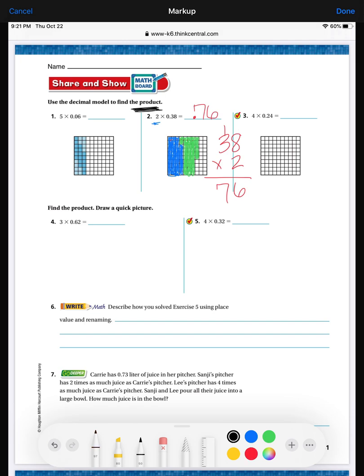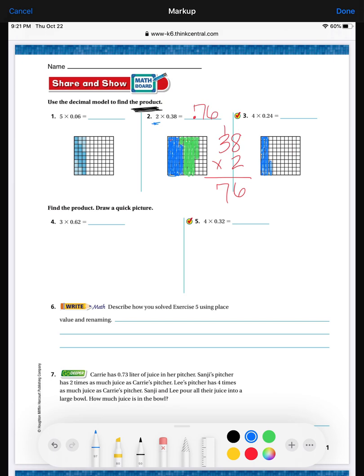So that's our problem. We're finding the product, which is the answer to a multiplication problem. First thing I'm going to do is look at my decimal point, and I'm going to pretend like the decimal doesn't exist. So that would give me 24. So I'm going to shade in 24 squares on my model to start.